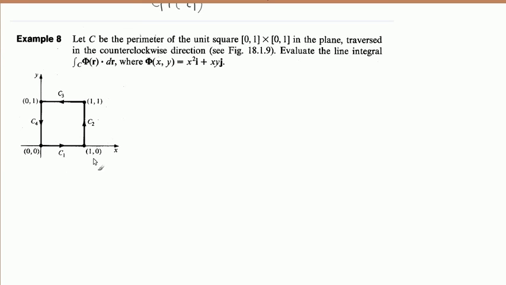If we call this whole thing C, the individual paths are C1, C2, C3, C4. Joining these oriented paths together, we call it one path, and they want you to calculate the line integral over this one path.